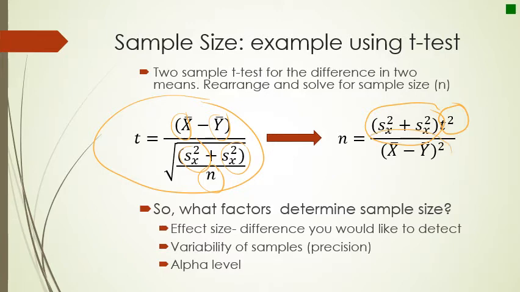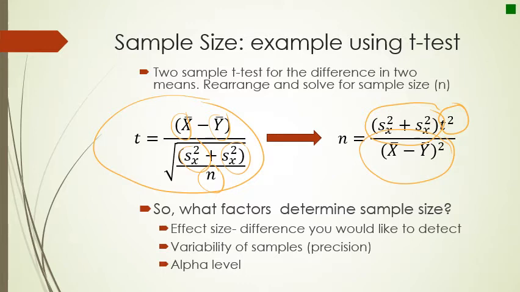And then finally, in the denominator, you see the difference between the two means, actually the difference between the two means squared. So since that's in the denominator, as that difference gets smaller, in other words, if you want to detect a smaller difference, you're going to have a larger sample size. So you can pick the difference that you want to detect, and you can choose your t-value through the alpha value that you choose.